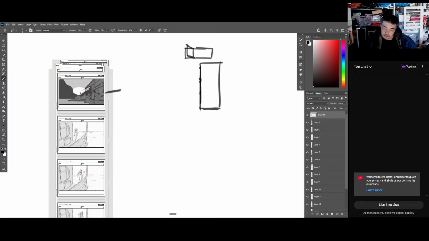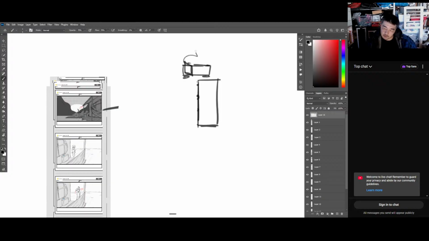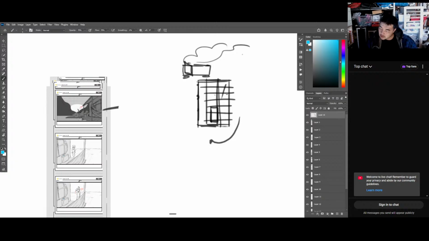Car is up, just like this. And I guess there's smoke coming out of the car, like this. That's the roof. And we have this guy right here. He's coming around this corner like this. And we have like a shed thing.